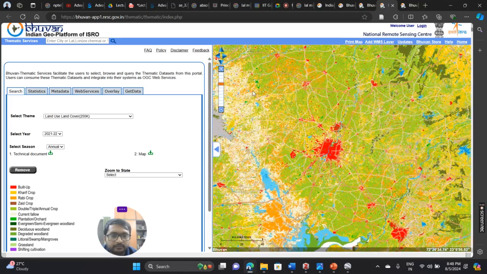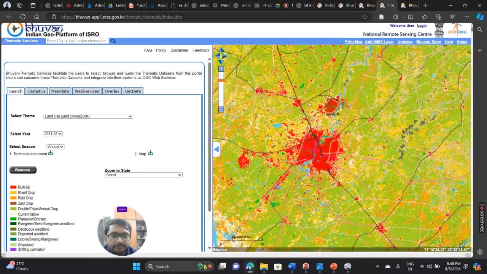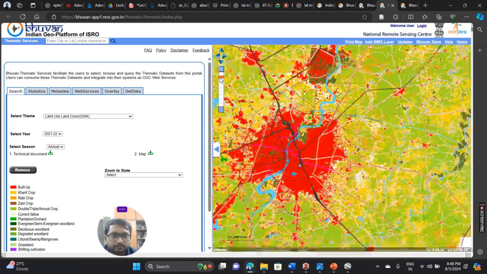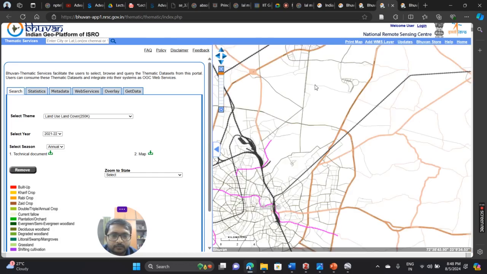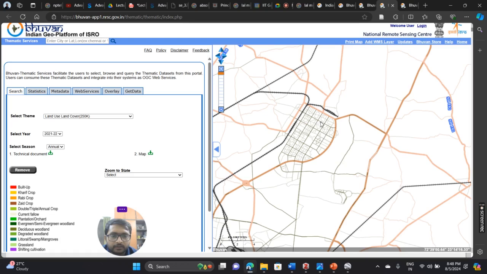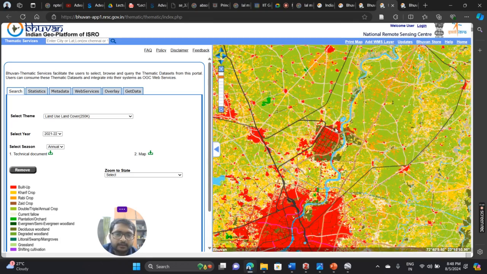So over here. So if we take this example, at 250K resolution, 1:250,000, your image will look like this.